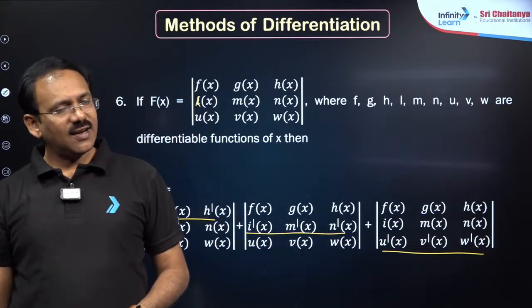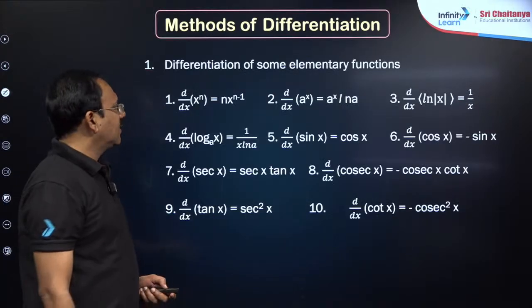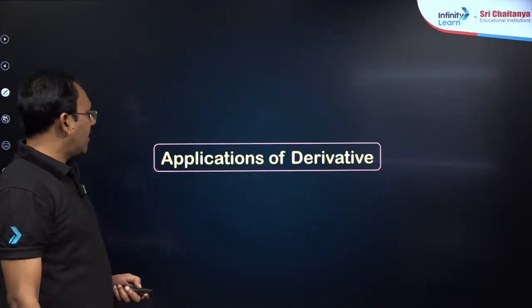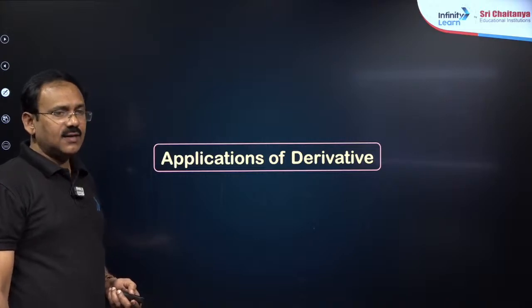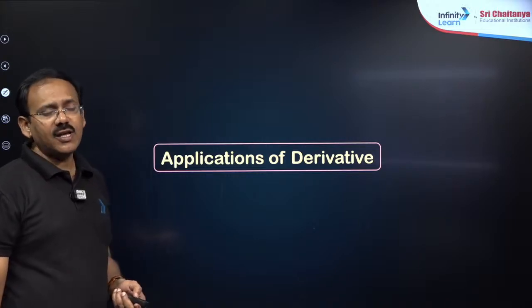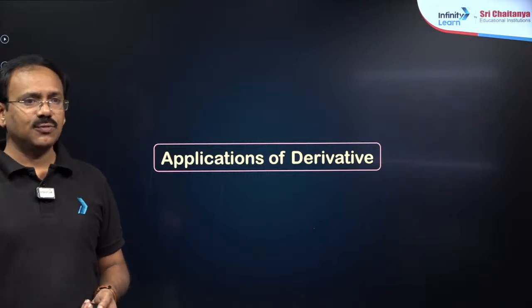That's it, generally. So he will give it easily in that case, okay? Next, dear students, applications of derivative. Determinant differentiation only. You can take the derivative. If 2 rows are numbers, it will be easy to do, okay.